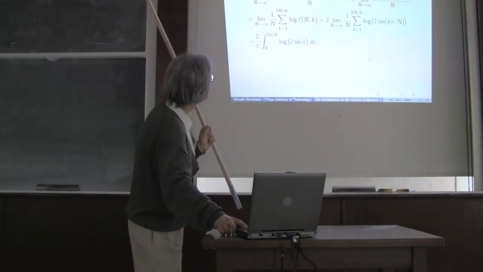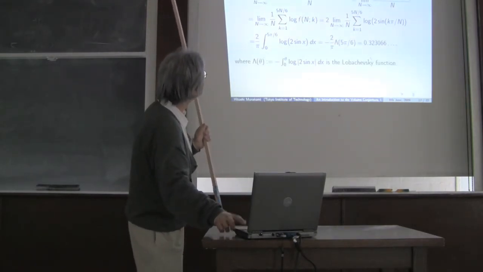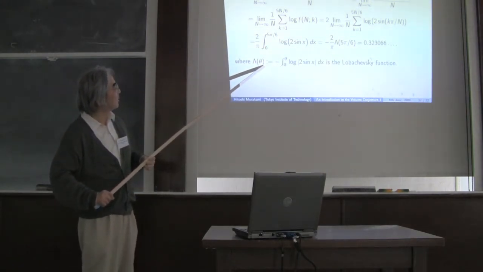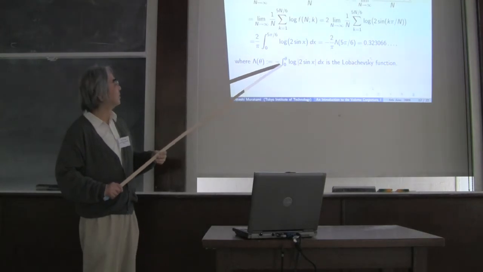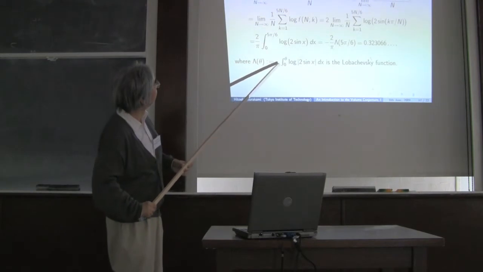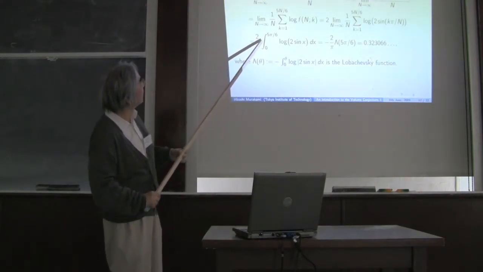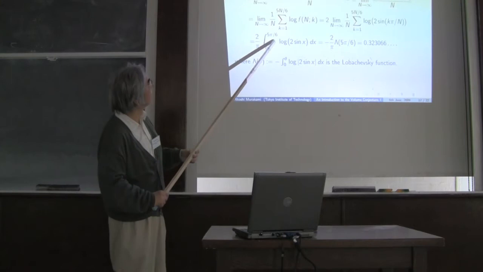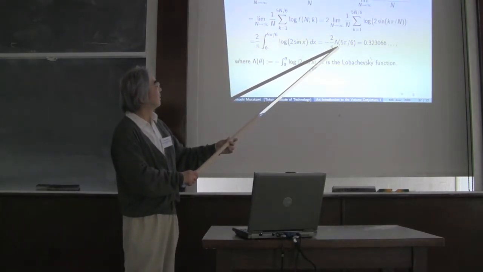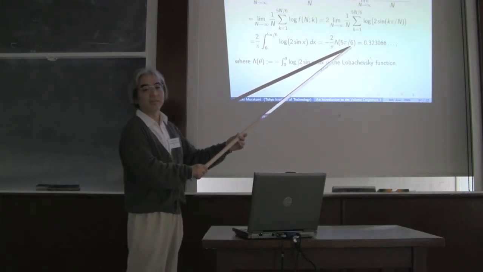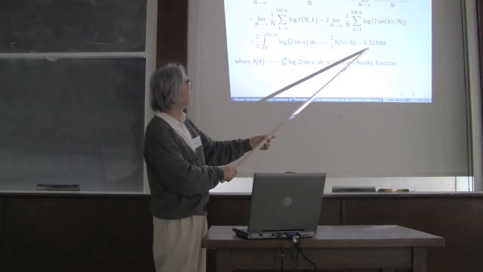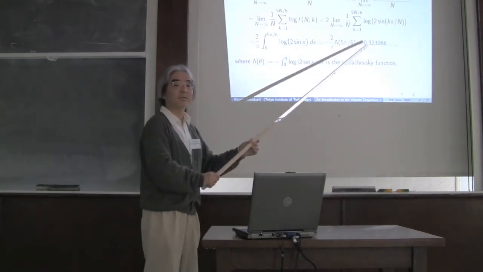Then by definition, this is the Lobachevsky function, which is minus of this integral. By using the Lobachevsky function, our integral can be written as minus 2 over pi times lambda of pi over 6. And by using, say, Mathematica, it tells you that the value is 0.323 or 66 and so on.